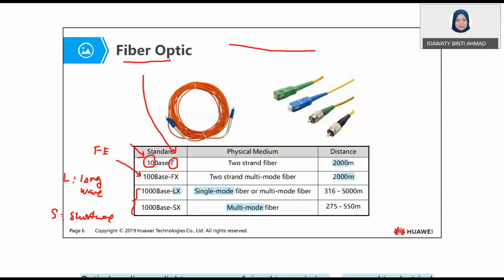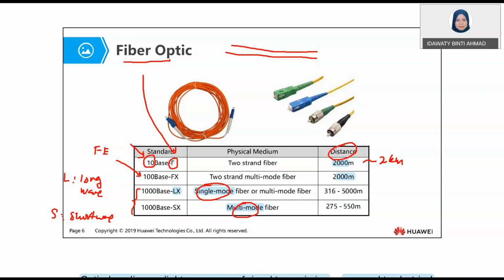You have a glass here, and you have two types, single mode and multi-mode fiber. Most of the time, when you use fiber, the distance that you can cover is up until 2 kilometers here. 2,000 meter is equal to 2 kilometers. So it's a very long distance.